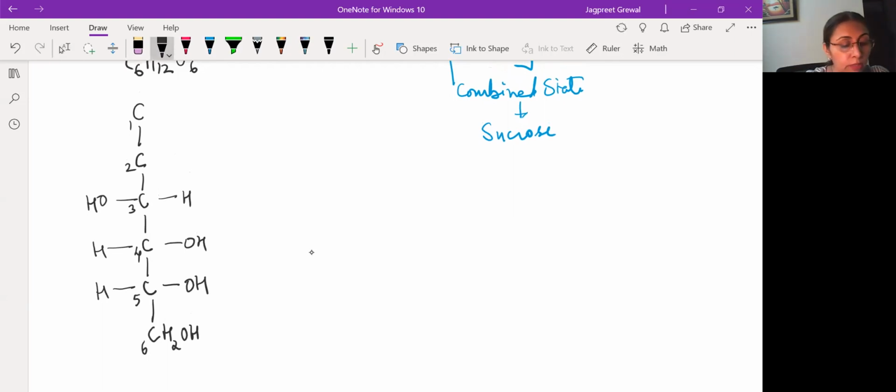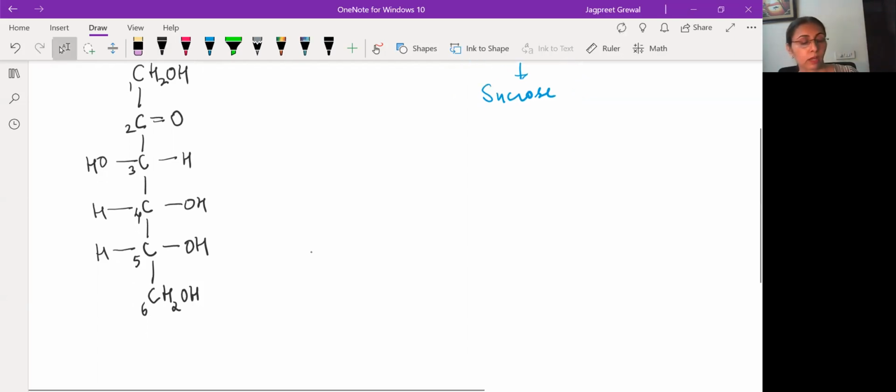In the rest of the carbons, it was on the right side. Same as glucose again. The only difference is that in place of the aldehyde group on carbon 1, you have a ketonic group on carbon 2. Okay, so this is how we describe fructose.